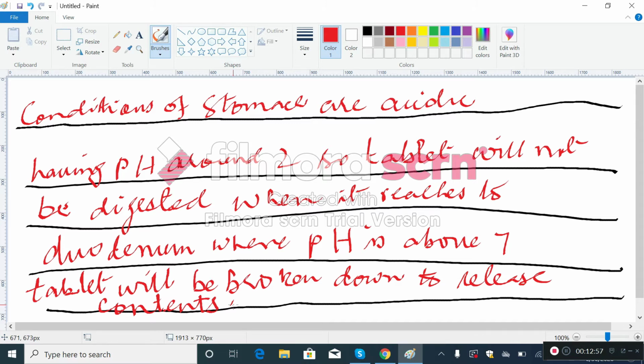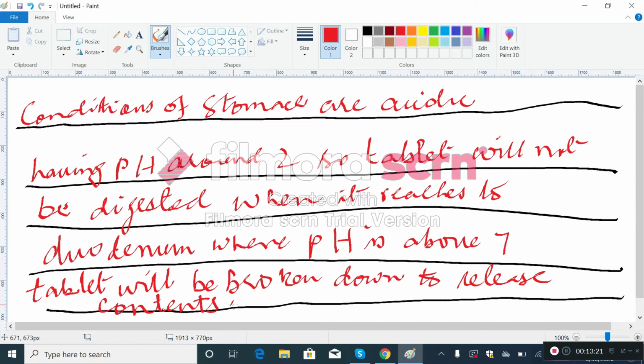Actually, you have to give at least 3 points, as we have given the conditions of stomach where the conditions are acidic. Second, we are explaining the conditions of duodenum. So no digestion will take place, or nothing will happen to the tablet in the stomach, because conditions are not suitable for its digestion.